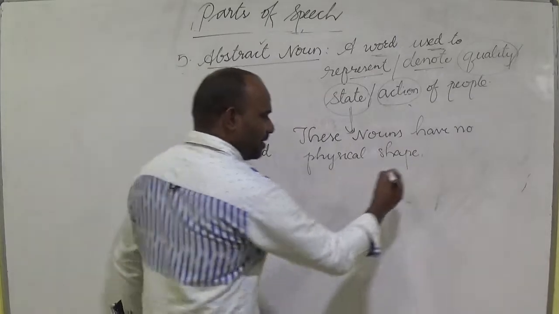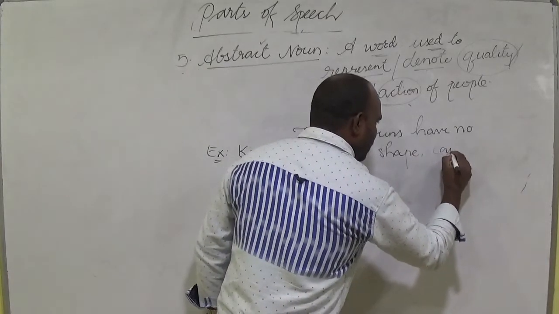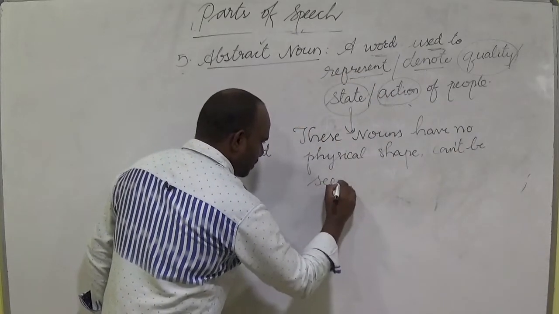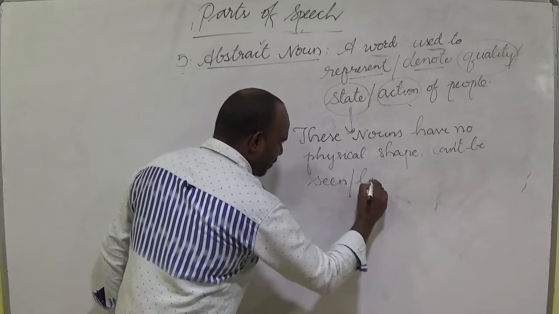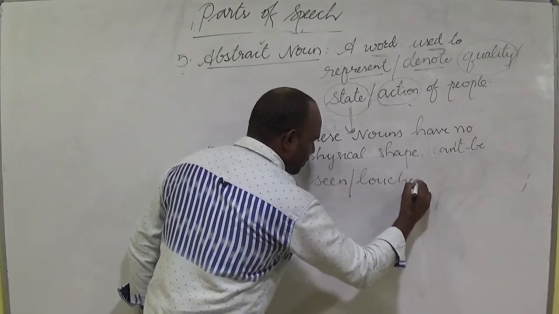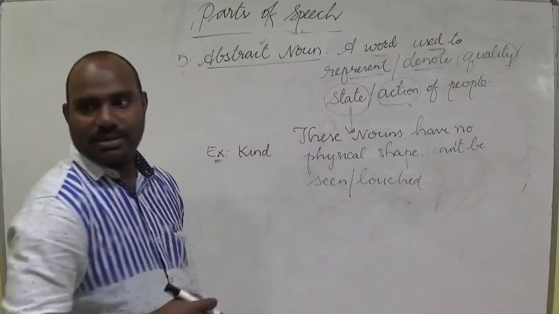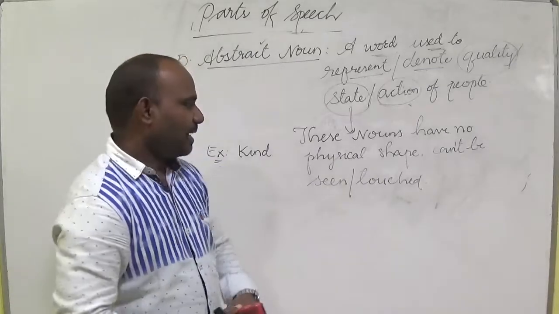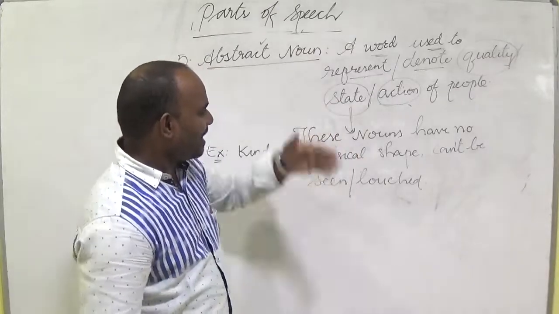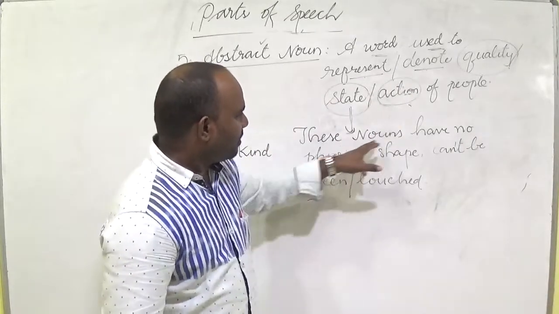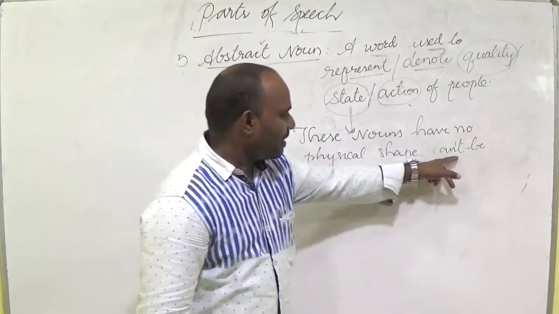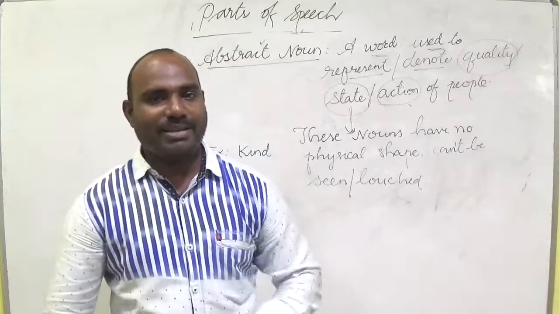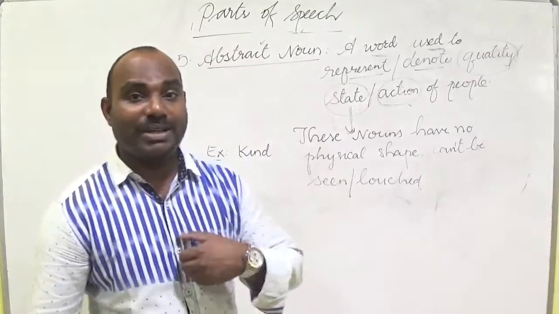These nouns have no physical shape and can't be seen or touched. They have no physical shape, they cannot be seen, they cannot be touched. We just enjoy them, we feel them.